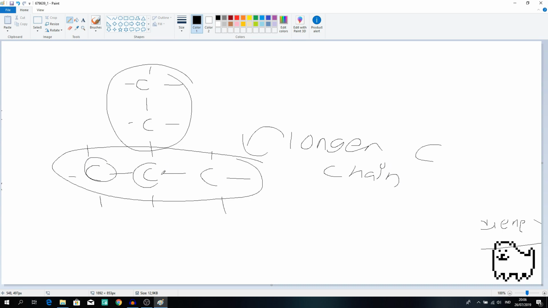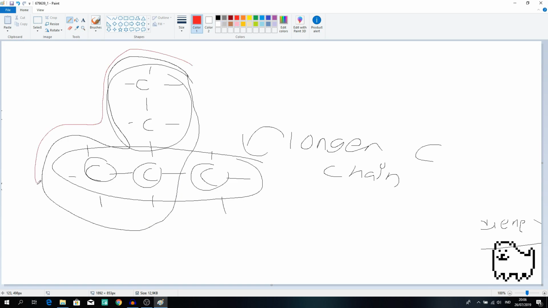These 3 carbons are not the longer chain here, because if I were to draw this, highlight this area here, maybe I should do it with a different color, you would notice that all these 4 carbons are connected, and that provides us a longer carbon chain.